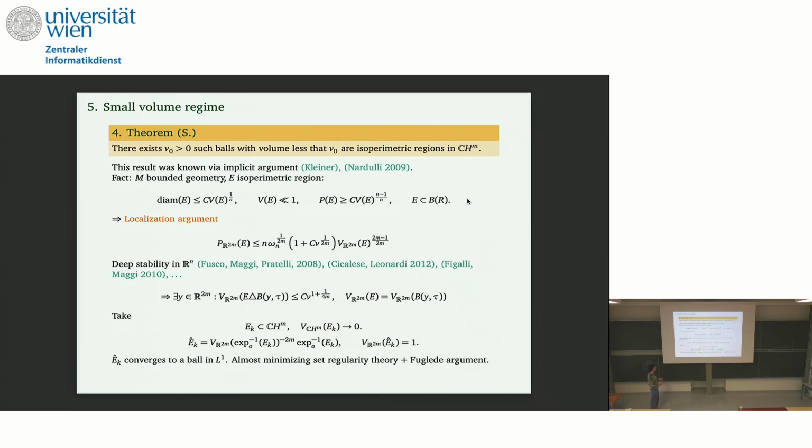And so you can use the fact that for a small enough volume of the isoperimetric set, you have the decay of the diameter, and also you have an approximate Euclidean isoperimetric inequality with some huge constant if you confine E inside a big ball with a big radius R. And then this allows us to localize the argument.